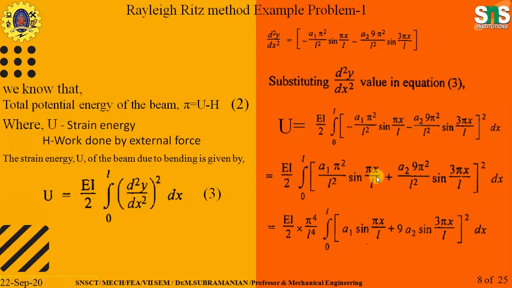Before that, this is an (a+b) whole square term, so we simplify. Taking π⁴/L⁴ outside as the common term, integration from 0 to L of a1 sin(πx/L) plus 9a2 sin(3πx/L), whole square.